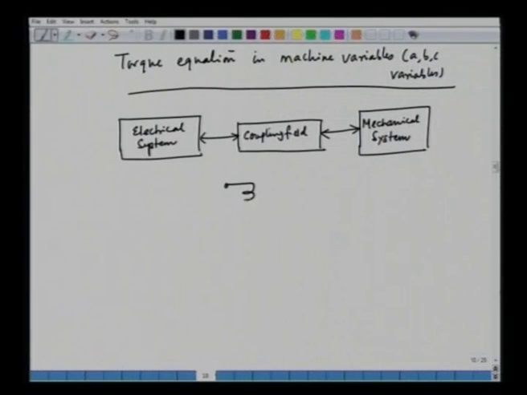Now, if you have two coils like this, one coil like this and the second coil like this, and these two coils have self inductances L1 and L2 respectively, and these two are magnetically coupled, with a mutual inductance M between them, and the current flowing in the primary is I1 and the current flowing in the secondary is I2 as shown in the figure.